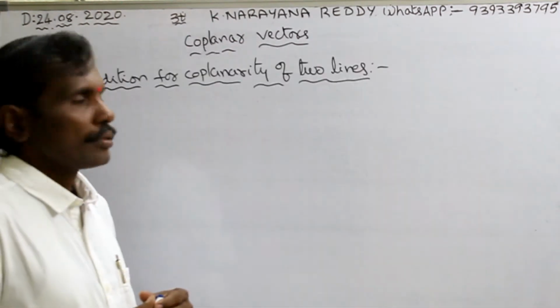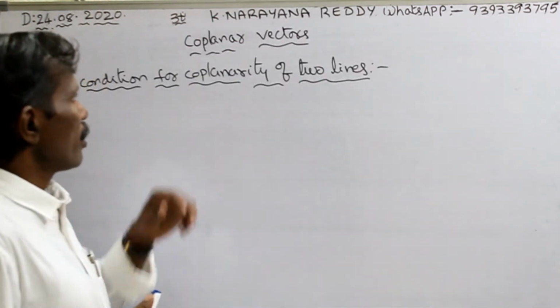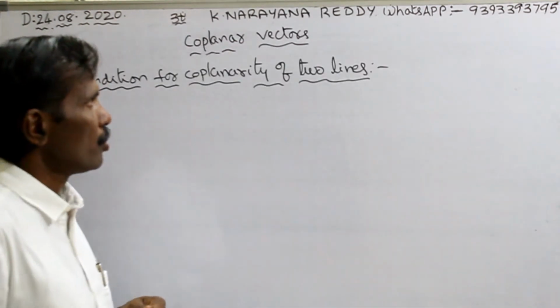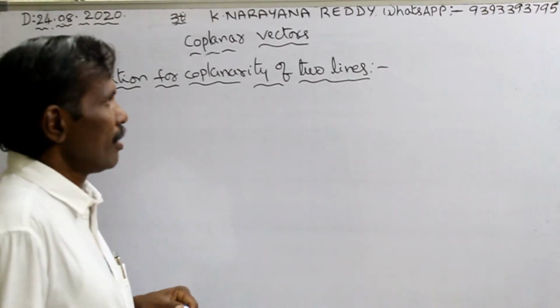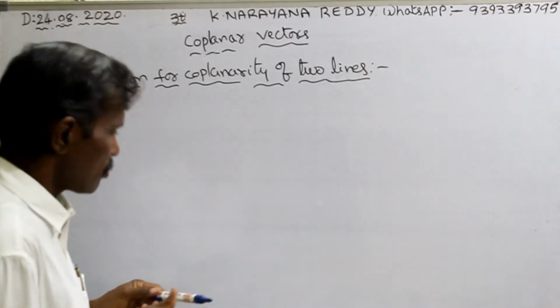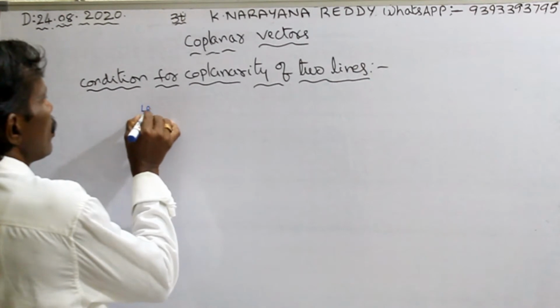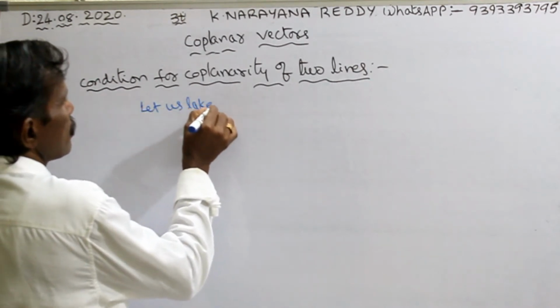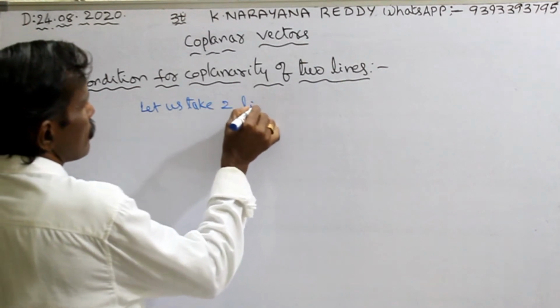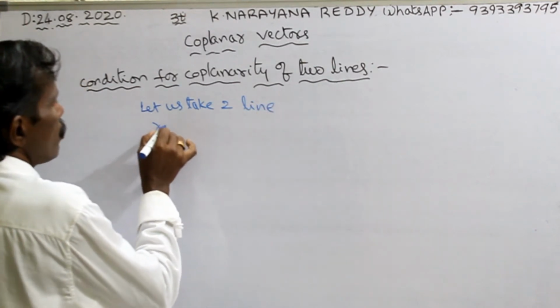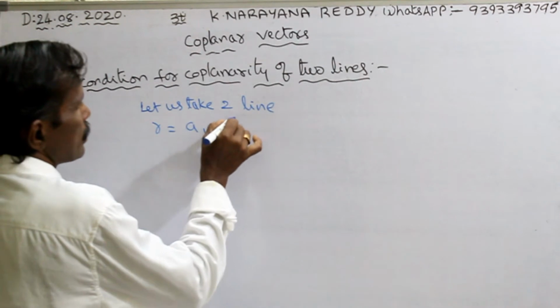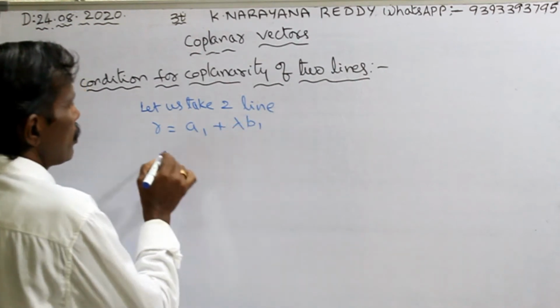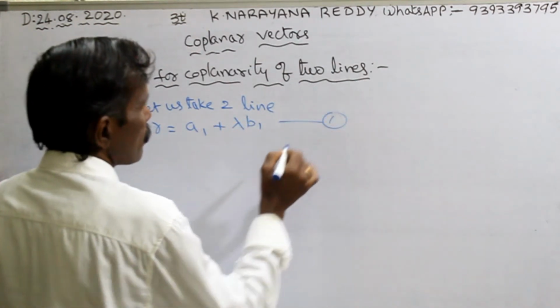Okay? See here, condition for coplanarity of 2 lines. Let us take 2 lines. R equals A1 plus lambda V1, that is number 1.